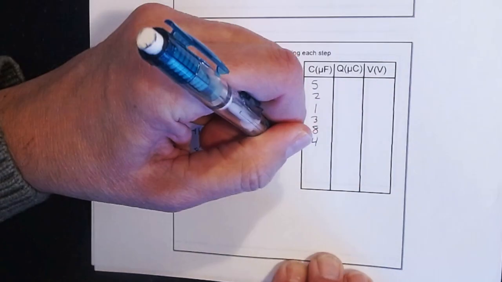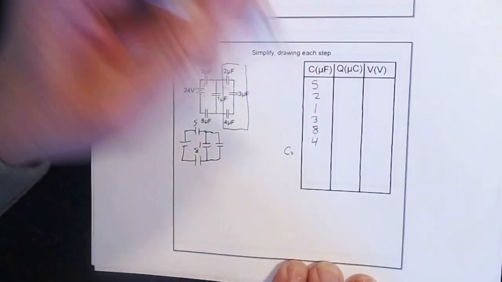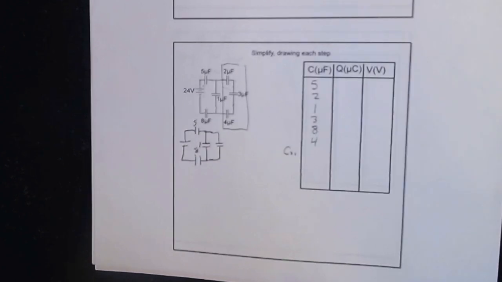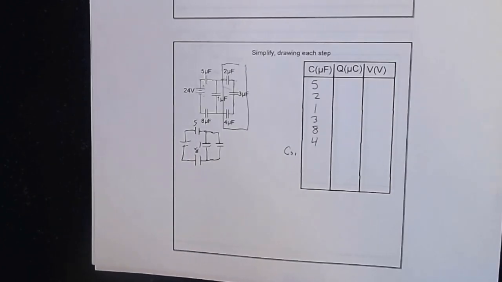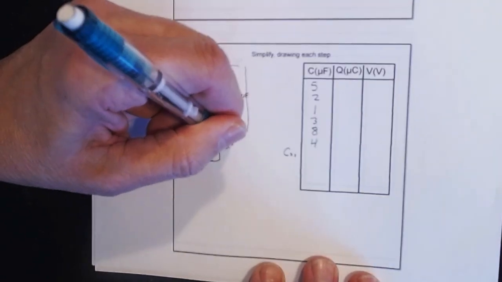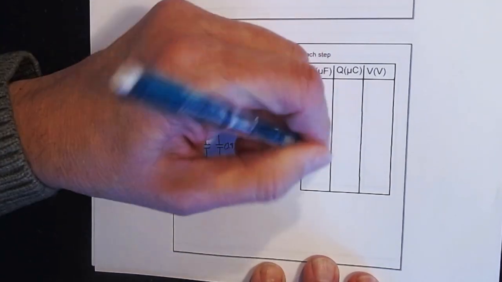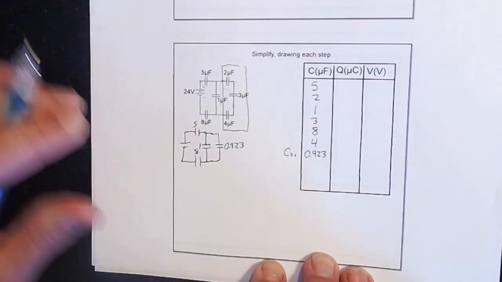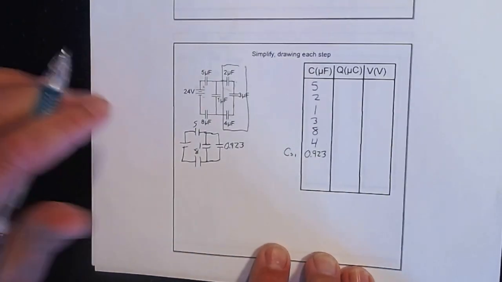And I'll call this C series 1, because we're going to have another C series eventually. Okay, and I'm just going to look up. I'm not going to sit here punching stuff into the calculator. I did the work earlier. And so when we simplify that, what happens is we end up with 0.923. And again, I don't know anything about the charges or voltages yet.